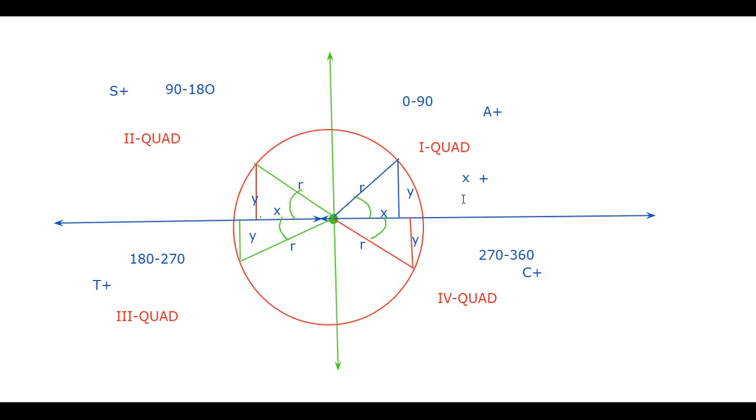And what about the y? Y is also positive. Yes, absolutely right. Look at this, the y is positive. X and y both are positive. Or here, x is negative. And what about the y? Y is positive.